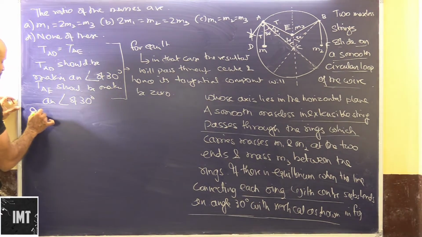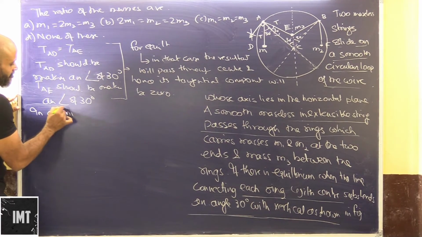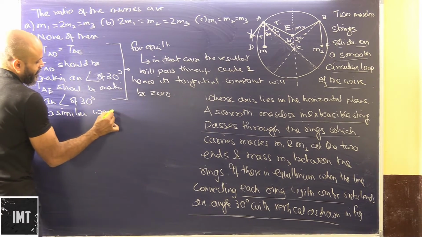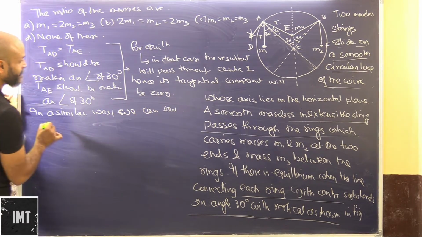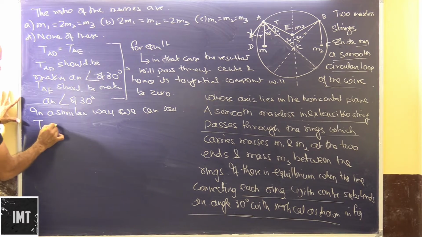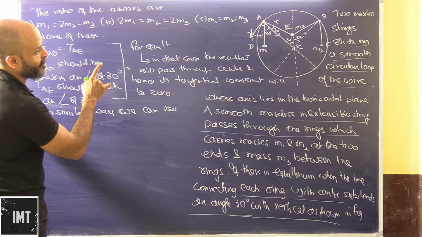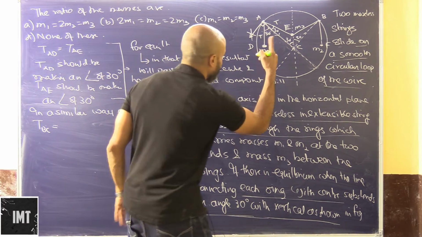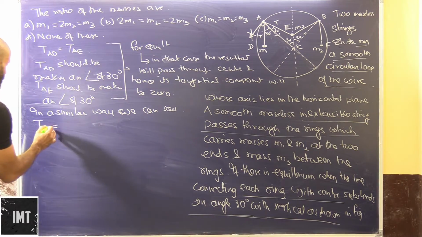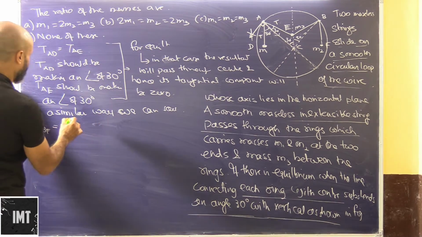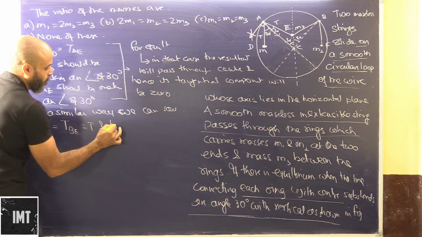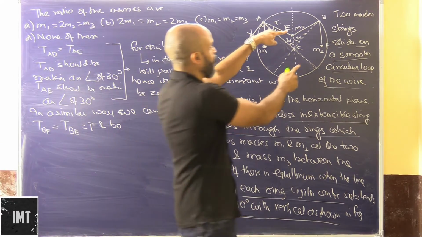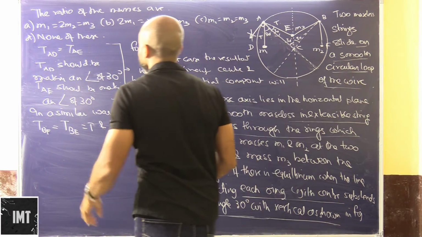In a similar way, we can say that tension acting along BF, or whatever we name this, will be equal to tension acting along BE, let's say T, and both will have a resultant.